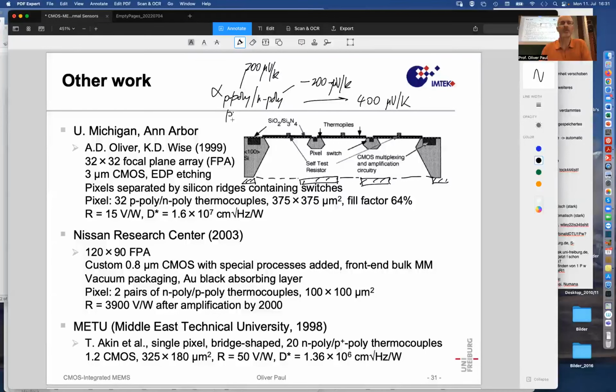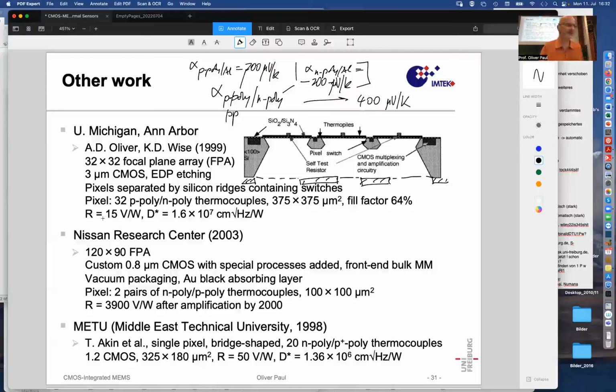Whereas alpha P poly against aluminum is just this, and alpha N poly against aluminum is equal to this thing here. So we have a more substantial output.